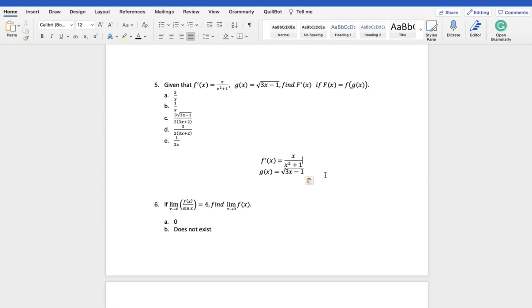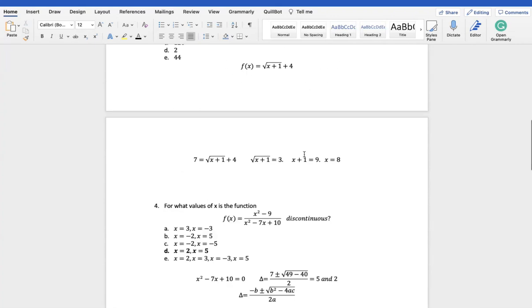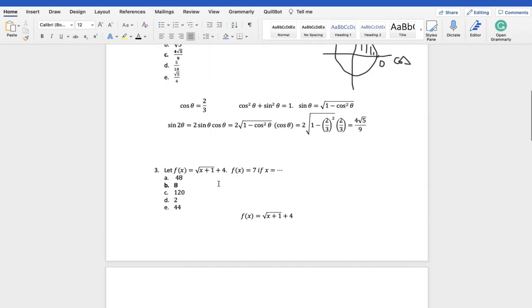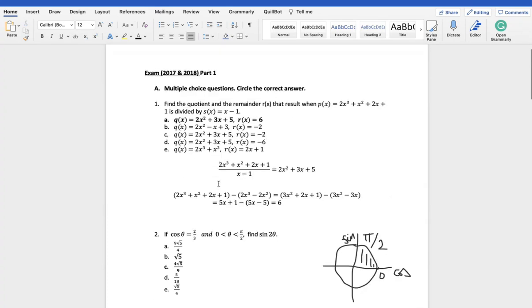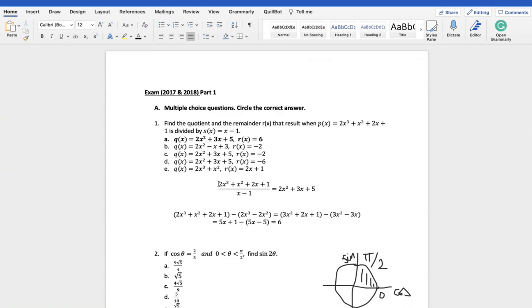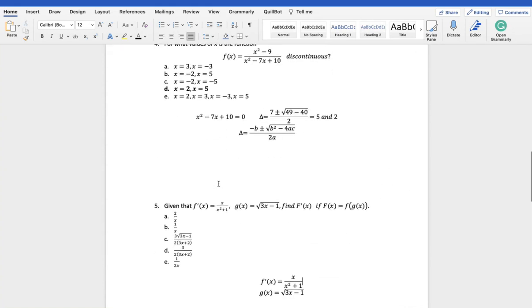Another point that is very important is that, especially for this first revision file, as you will see, most of these questions are multiple choice questions. In previous exams, I think the first section of the exam is just multiple choice questions, about 10 or 15 of them.